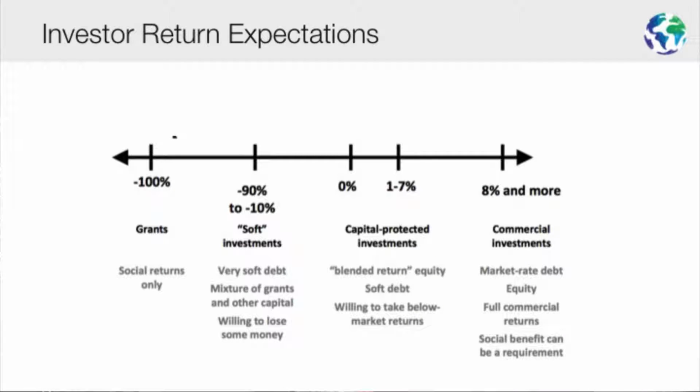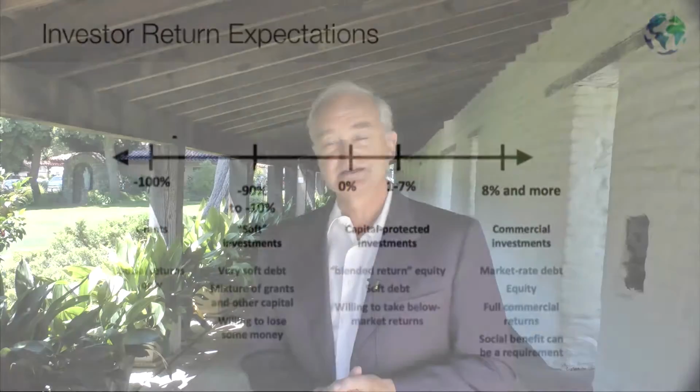Also, further to the right, you'll see that the expectations for impact investors is usually a return on capital with some kind of risk premium. And the further you go to the right with financial first investors, they're going to look across a blended portfolio of at least 8%. And then as you go to equity or private equity investors, they're going to be beyond 8% in terms of the financial return that they expect.